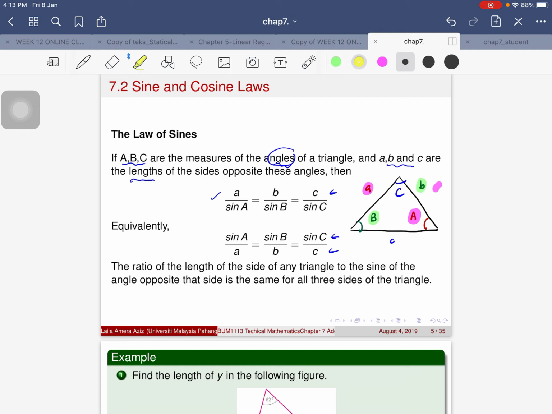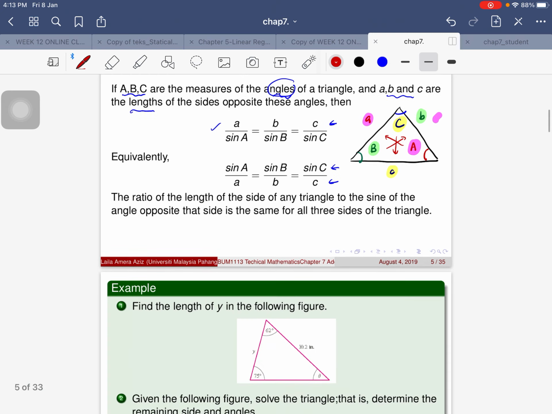And this is our angle capital C, and opposite of C is our length c. So the angle and the length are opposite of each other. Remember, angle and length are always opposite.